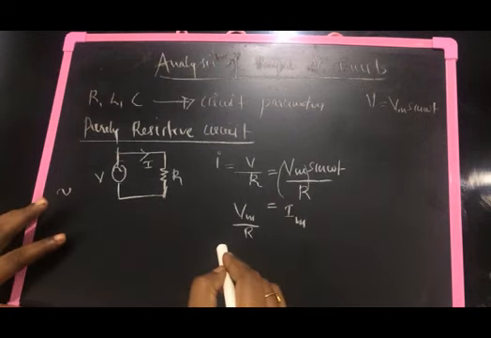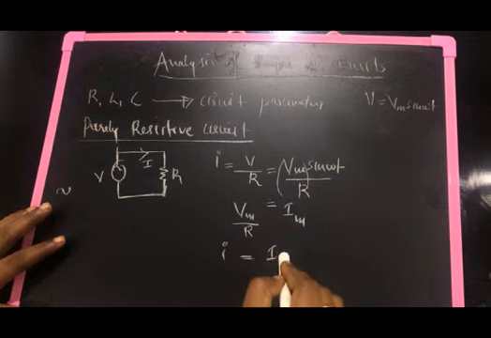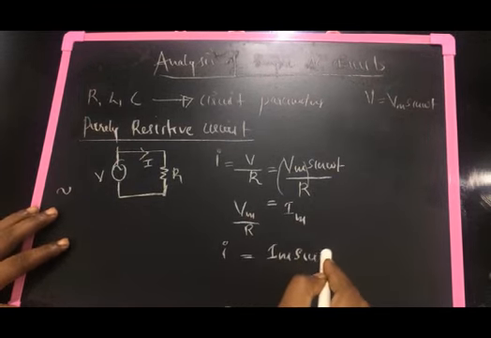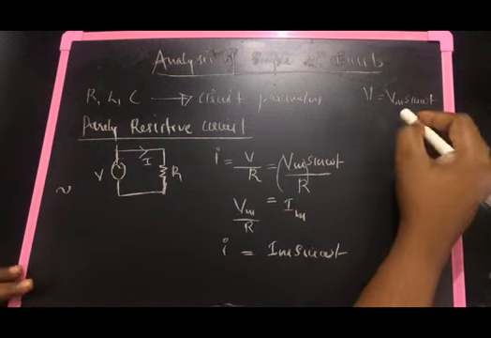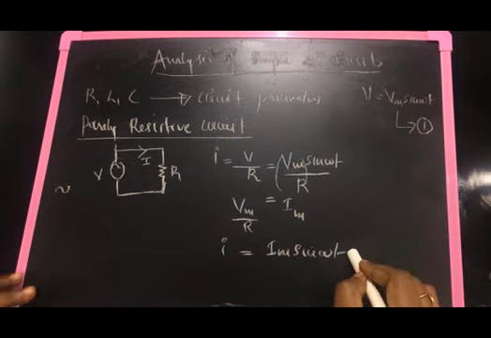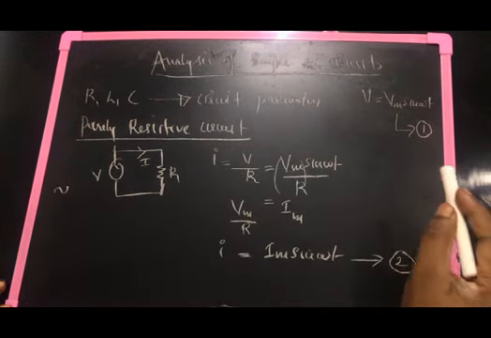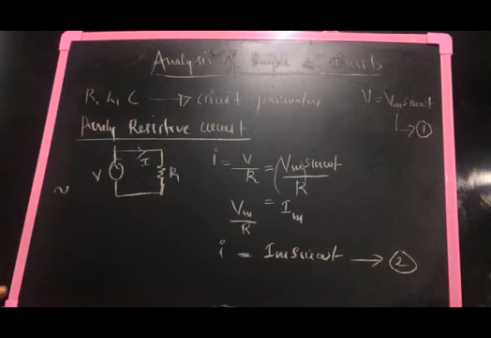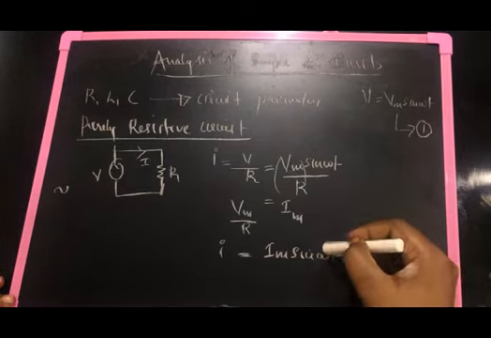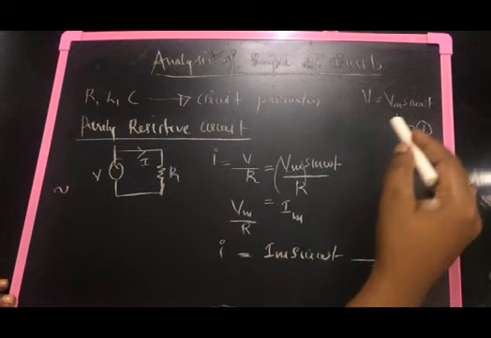So what does the equation become? I is equal to Im sin omega t. Let's put this equation as equation number 1 and the earlier equation as equation number 2. If you check equation 1 and equation 2, is there any phase difference? Phase difference means the difference between these angles theta, where omega t is equal to theta.